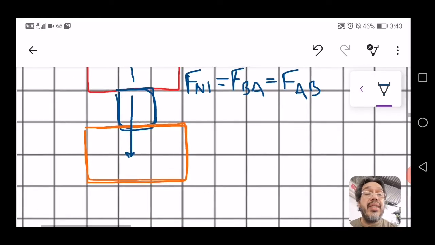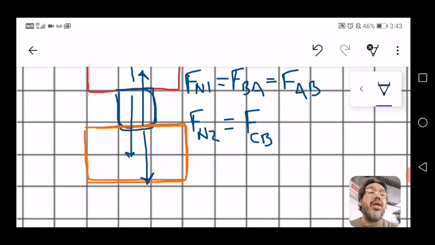On the other hand, there is an interaction between the surfaces between blocks B and C. And so if there is another normal force here, that normal force 2, that should be equal to the interaction exerted by block C on block B, which should be the same in magnitude as the interaction exerted by block B on block C. One of them is upward, one of them is downward.